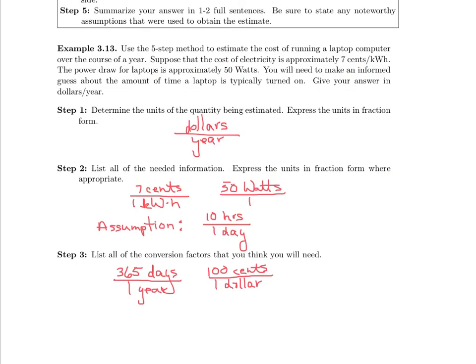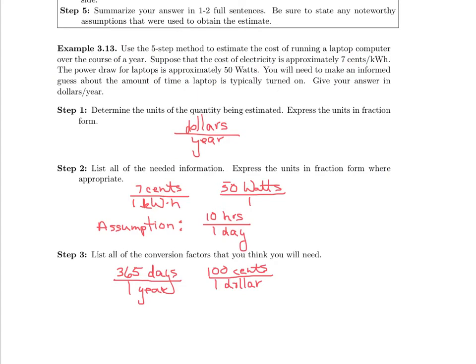Finally, if we look at our given units here, notice that some of the units are given in watts and others are given in kilowatts. So we're going to need to convert between watts and kilowatts.